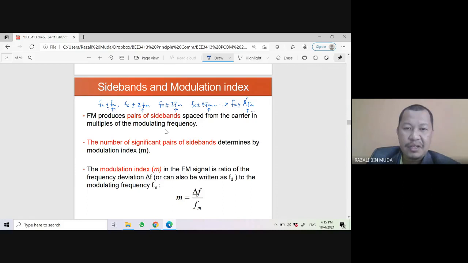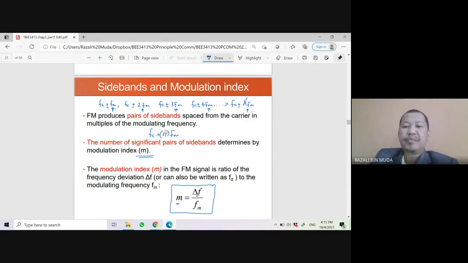The number of significant pairs of sidebands is determined by the value of the modulation index. This modulation index, the equation we calculated earlier, determines the number of significant pairs of sidebands, FC plus N FM, where N is the number of significant sidebands.